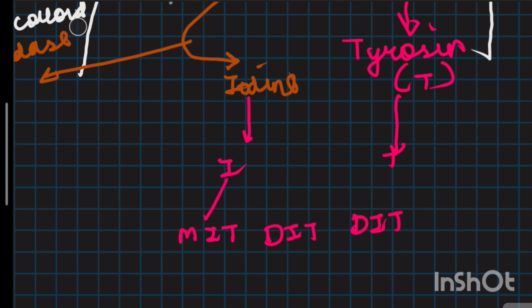Now from here what happens? When mono and di combine, mono plus di means 1 plus 2, that means 3. T3 is formed. When di and di combine, it is 4. That means T4 is formed.